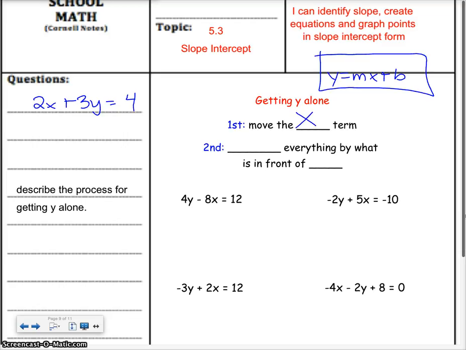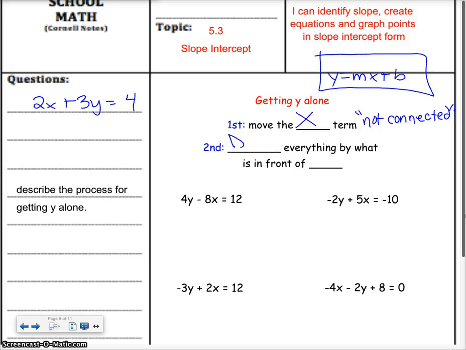So how do you get y alone? Well, you move that x term. That's the first thing you do because you're really moving what's not connected. And that's why we've had all this algebra practice in Unit 2 and Unit 3, because you need to know how to solve a two-step equation. To solve for a variable of choice, you move what's not sticking to it first, or not connected.